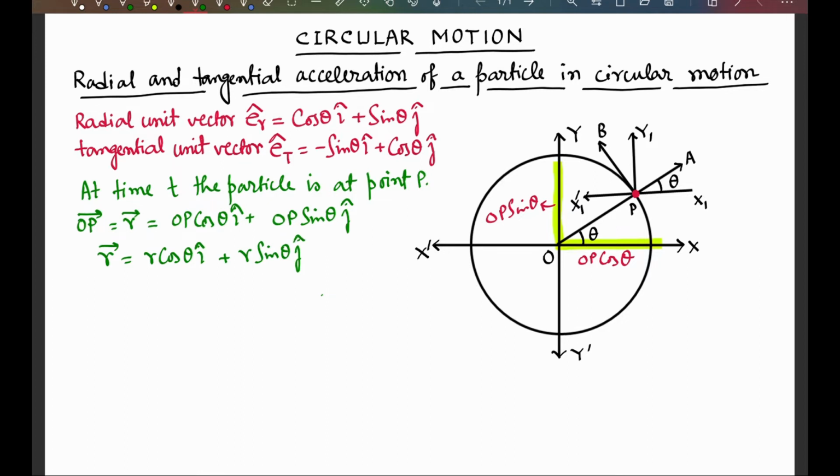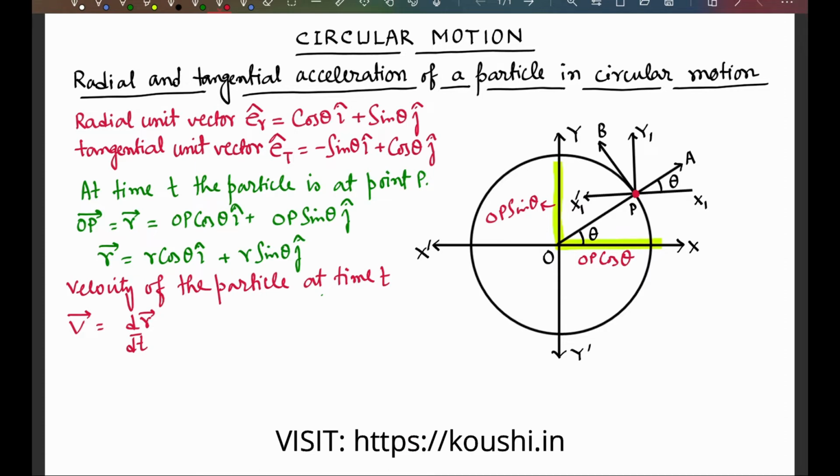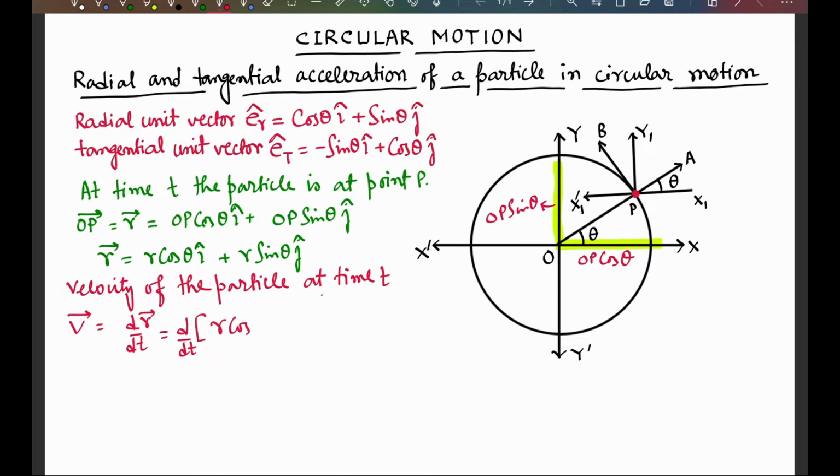Now, to calculate velocity, we have to differentiate this equation with respect to time. Then velocity of the particle at time t is v. This is d/dt of position vector, that is d/dt of r. So you can write d/dt of r cos theta i cap plus r sin theta j cap.